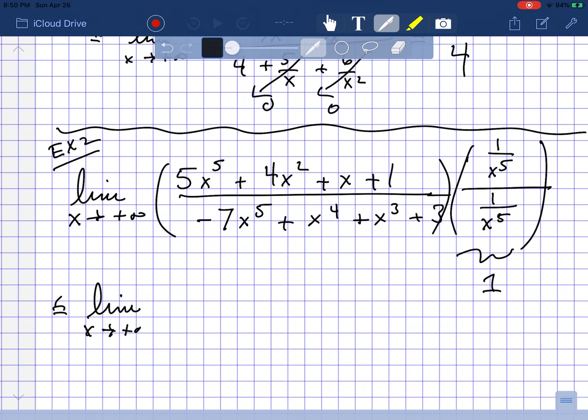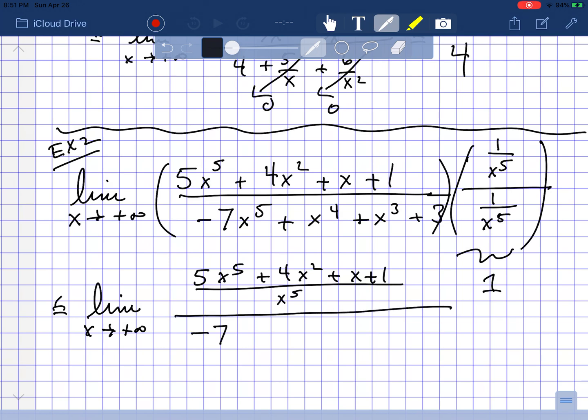I get the limit as x goes to plus infinity of 5 times x to the 5th plus 4x squared plus x plus 1 divided by x to the 5th, all divided by minus 7 x to the 5th plus x to the 4th plus x cubed plus 3, all divided by x to the 5th.